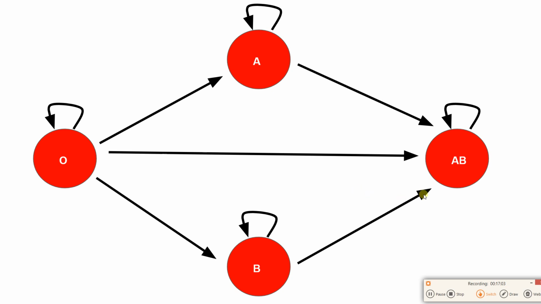And because O is a universal donor, notice how O can give to everybody. And because AB is the universal recipient, AB can receive from everybody. So this is a helpful visual way to know which blood transfusions are safe. You should write this out, draw it out, because you're going to be asked about blood transfusions in your exam.